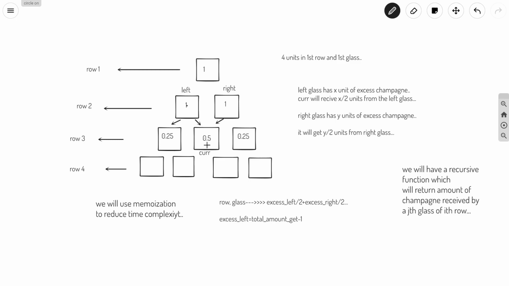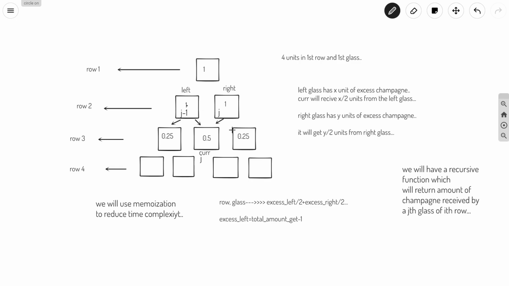And similarly this amount of champagne will be received from the right part also. So we have recursively solved for the left glass and the right glass, and if the index of this glass is j, then here the index is j minus 1 and here the index is j. Okay, so that's what we have done here.